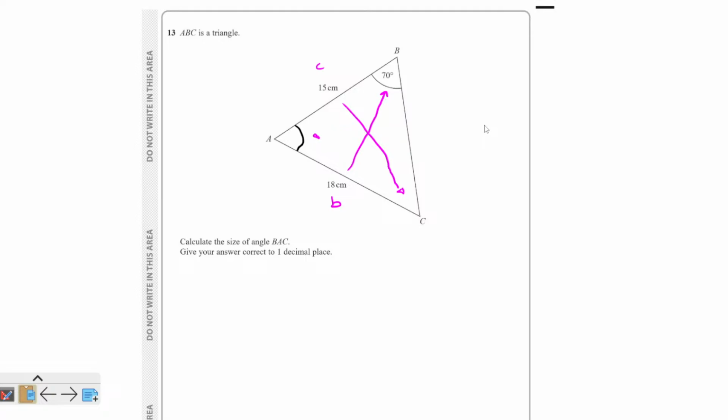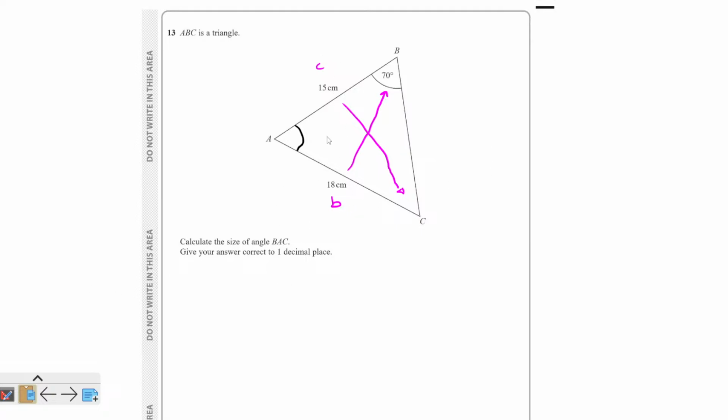So what I think I'm going to do is probably 2 steps, isn't it? I could use sine rule to work out the angle C here. And then because it's a triangle, I could subtract them from 180 to get the one I actually want. So that's what I'm going to do.